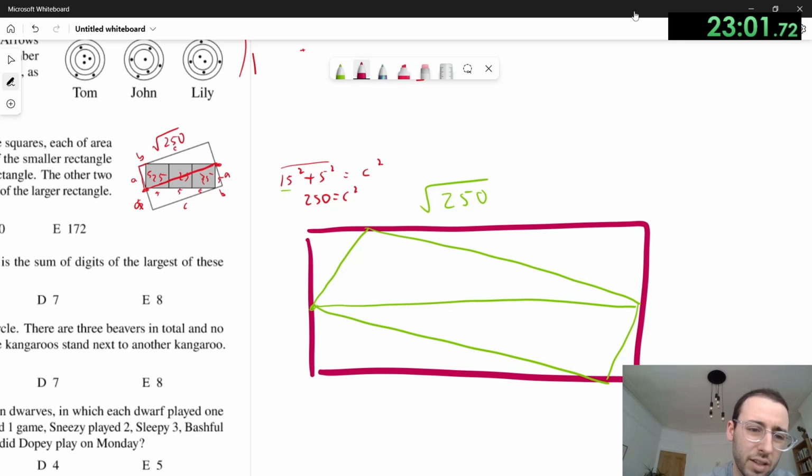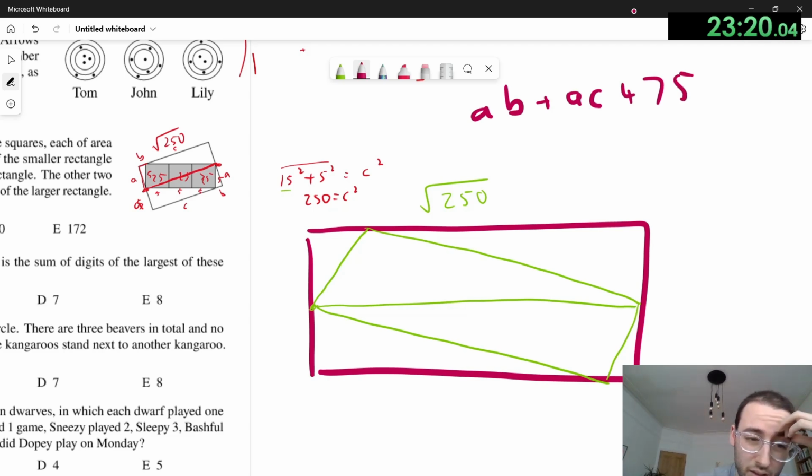The area is AB plus AC. That's the area we're looking for, plus 75. But what is happening here?